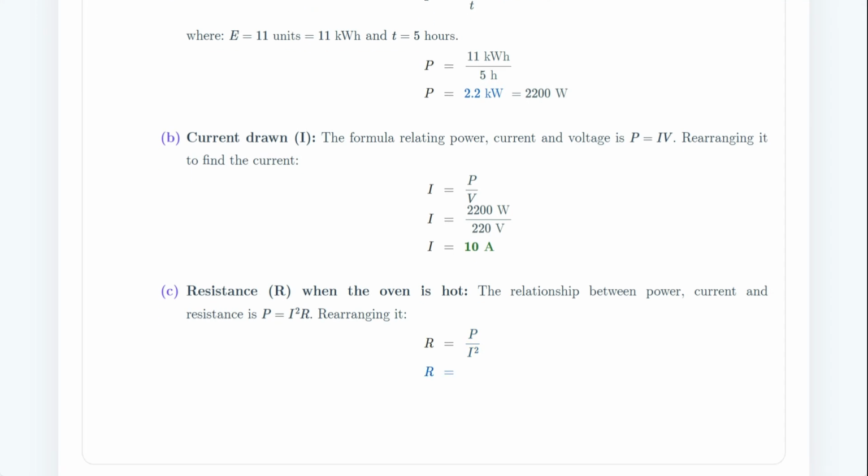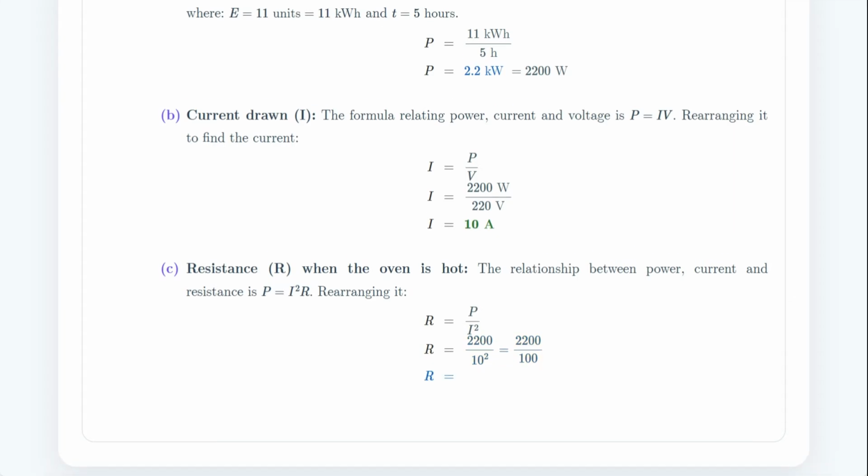Let's plug in the numbers we know. Power is 2200 divided by our current of 10 squared. 10 squared is just 100. So, 2200 divided by 100 gives us exactly 22 ohms. You are doing fantastic. Let's keep this momentum going.